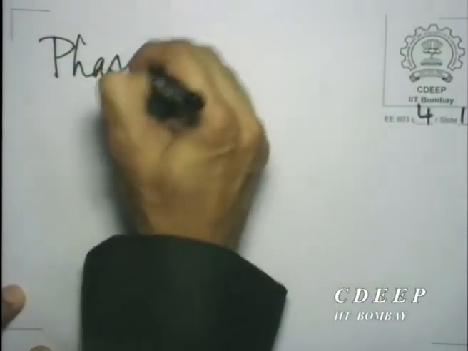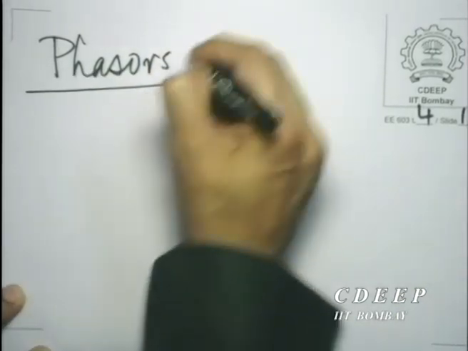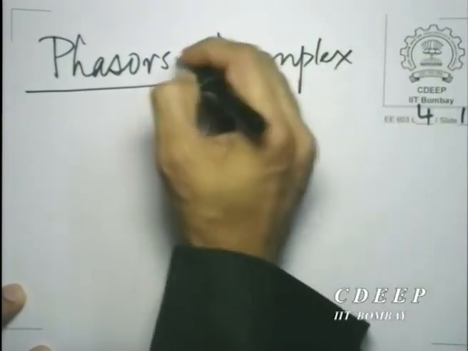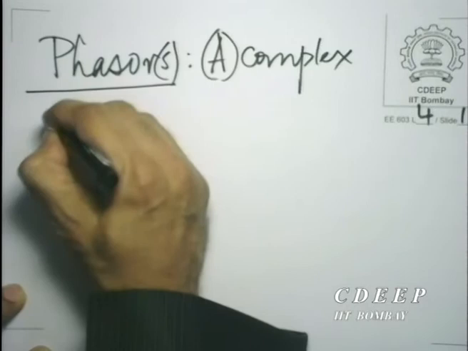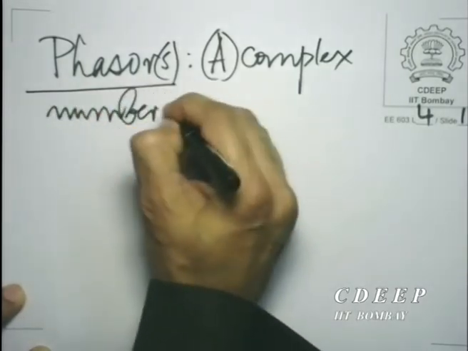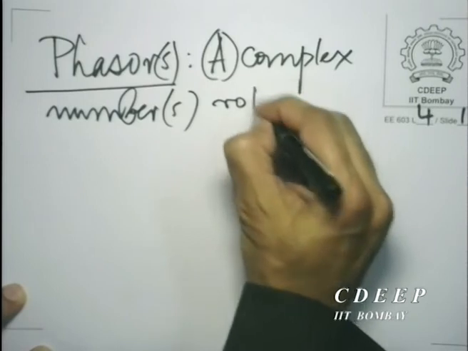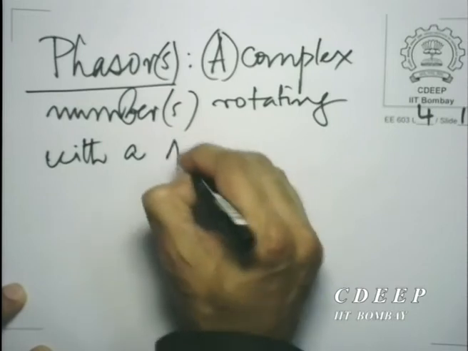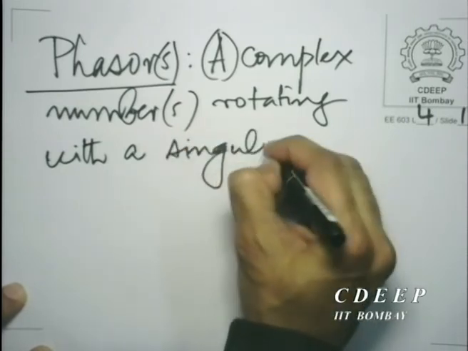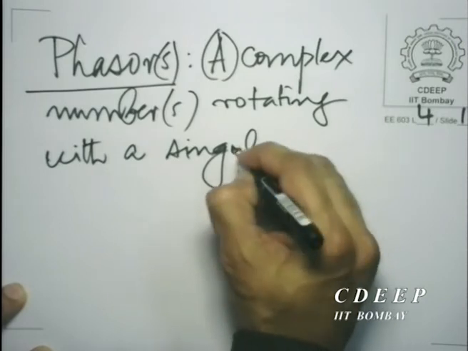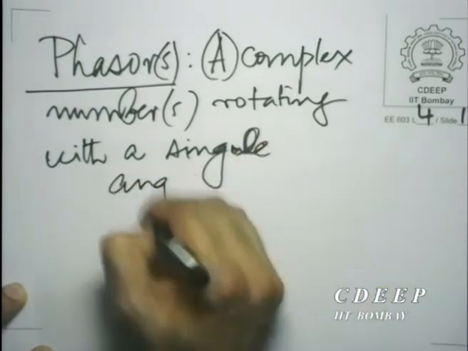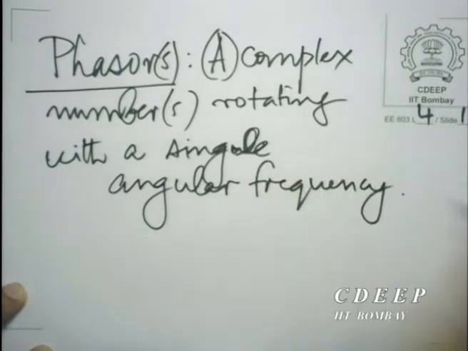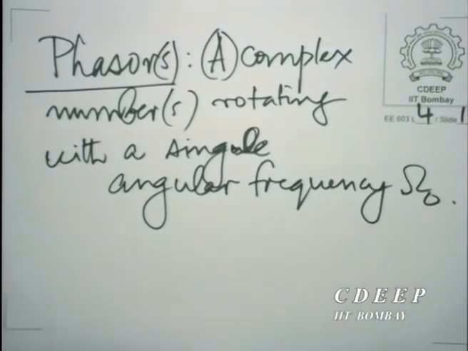So, we call such a rotating complex number a phasor, with a single angular frequency. Let us denote it by omega.